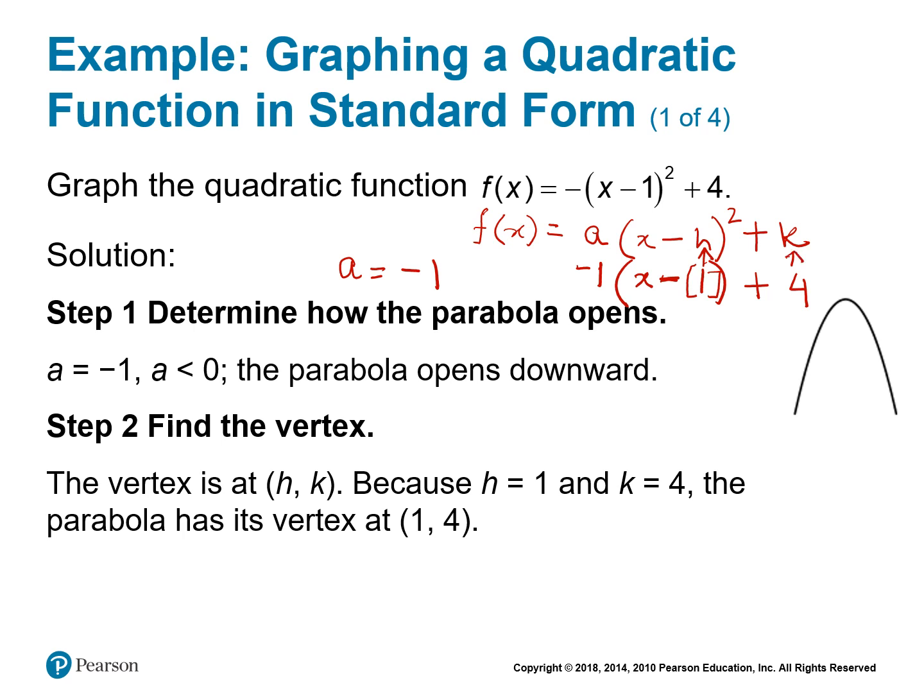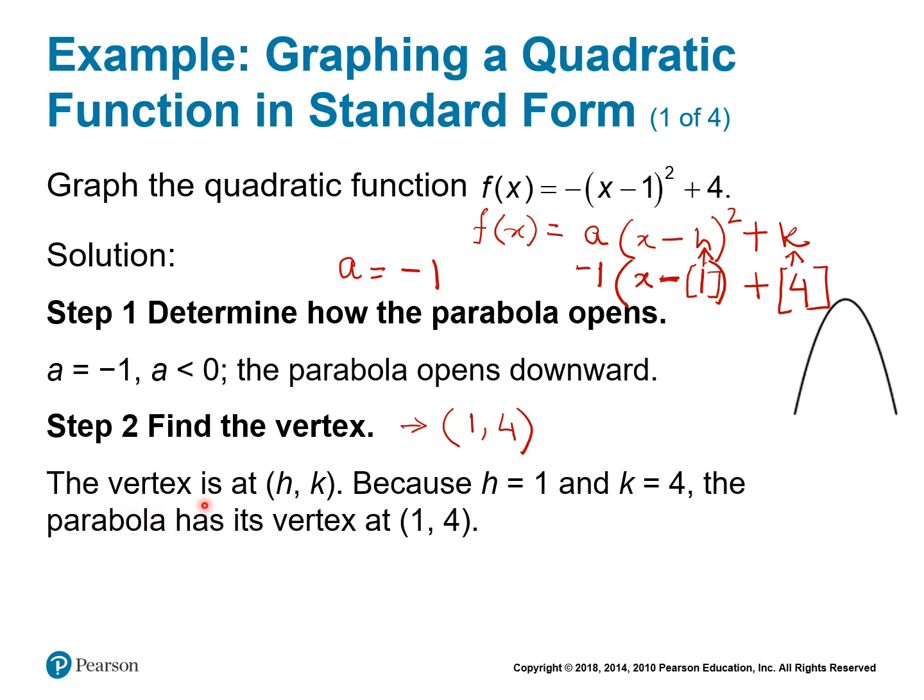All right, so k is whatever comes after the plus sign outside the bracket on the right hand side. K is whatever comes after the plus sign. Okay, so we got our values for h and k. It's 1 comma 4, right? So the vertex h comma k is 1 comma 4. So let's see what they've written here.